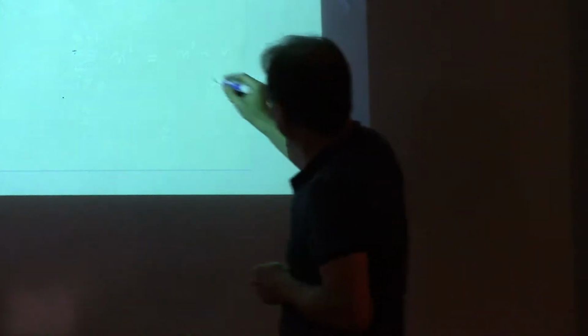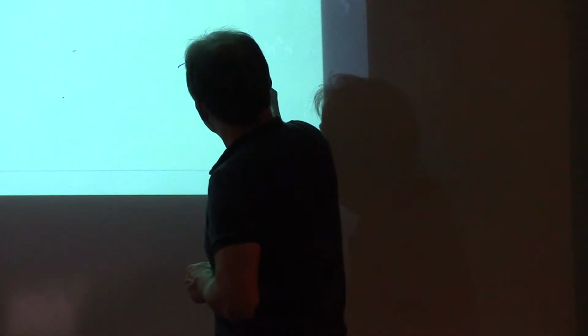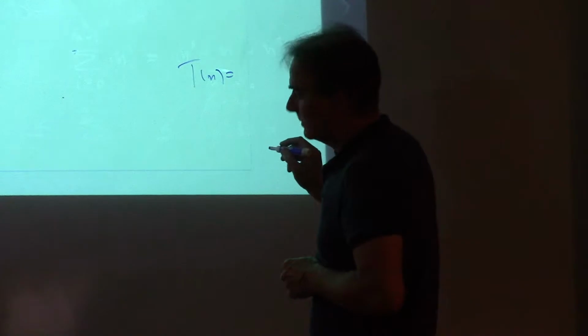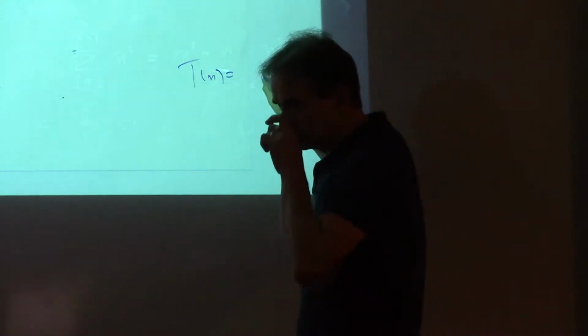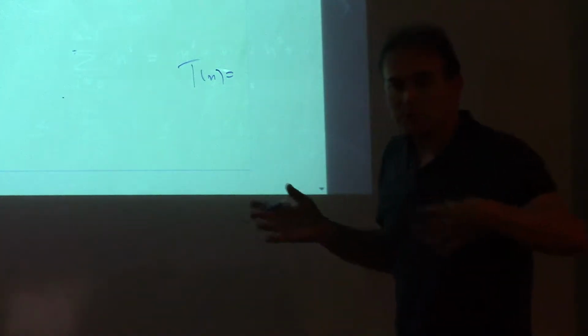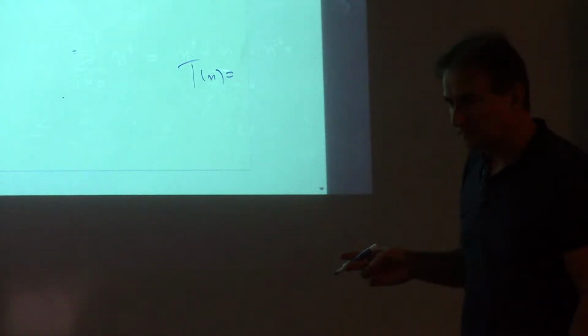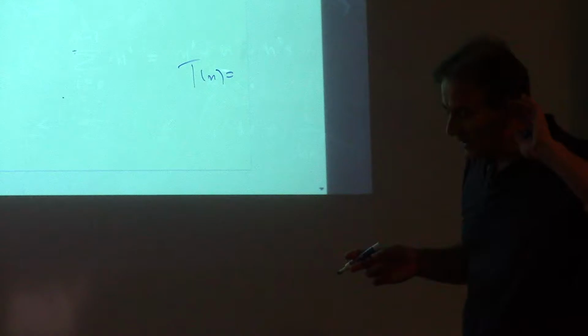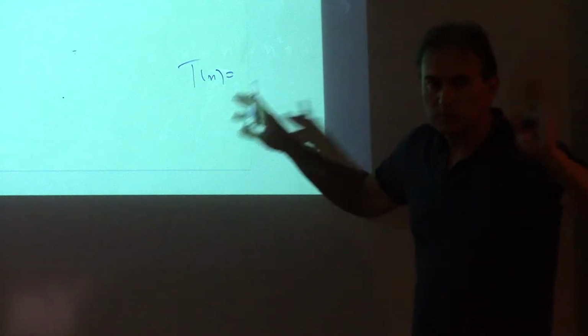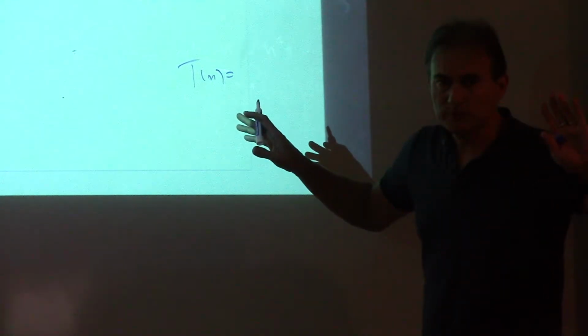We have T of n is equal to what? What type of complexities can we solve with the master theorem? Give me a pattern, because not all of them can be solved through the master theorem.